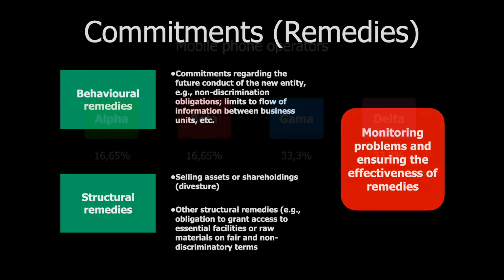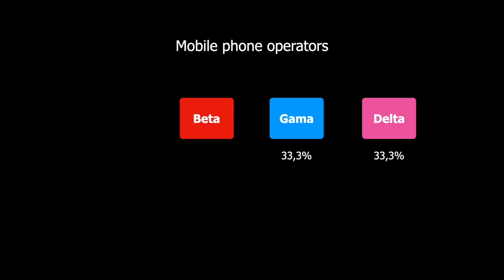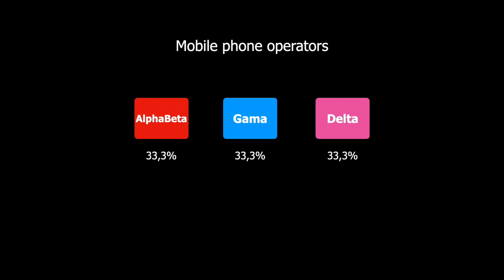To conclude, we will look at an example of commitments. We will go back to the hypothetical scenario where we have 4 mobile phone operators. Firms Alpha and Beta are merging to form a new entity, Alpha Beta, and only 3 players will remain in the market, each of them with 1/3 of the market. We can now think about what kind of remedies could solve the competition issues raised by this operation.